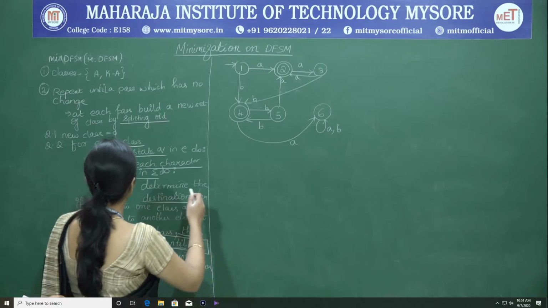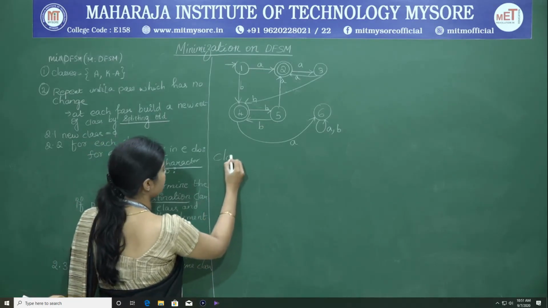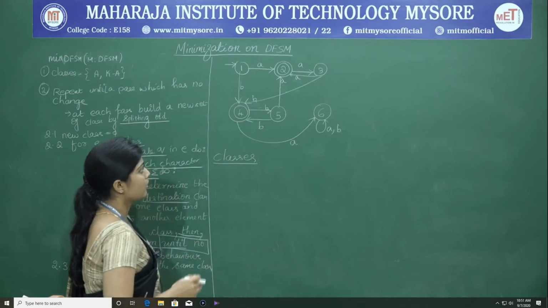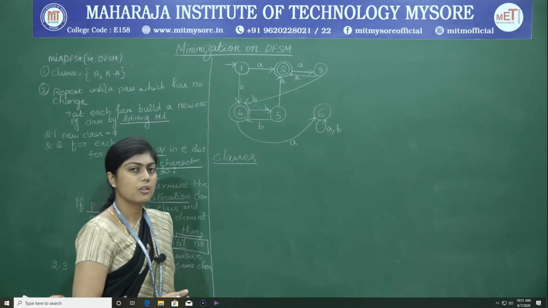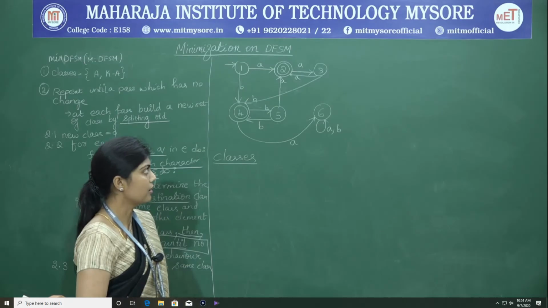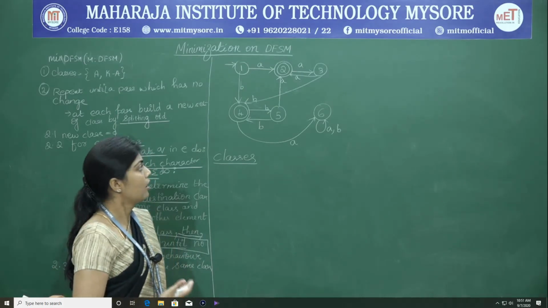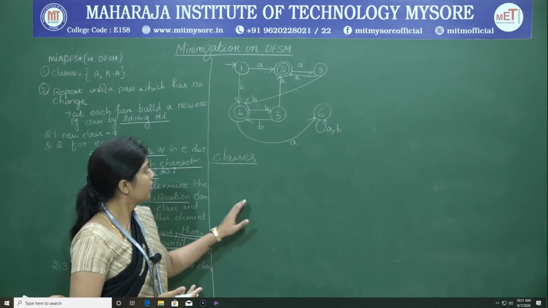First of all, we will have to frame the initial classes. This is the DFA that we are considering, and it has got 6 states. We are trying to reduce the number of states.